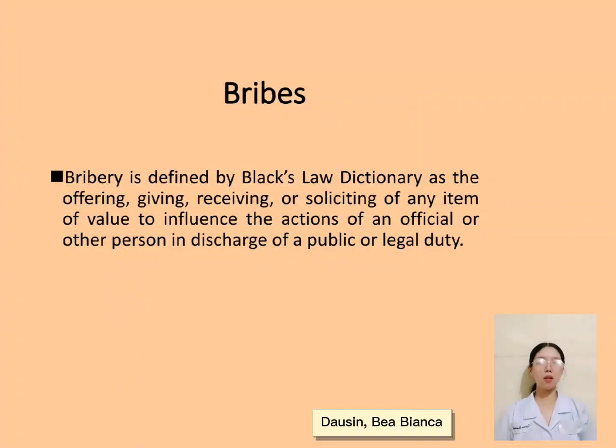The third one is bribes. Bribery is defined by Black's Law Dictionary as the offering, giving, receiving, or soliciting of any item of value to influence the action of an official or other person in discharge of a public or legal duty.